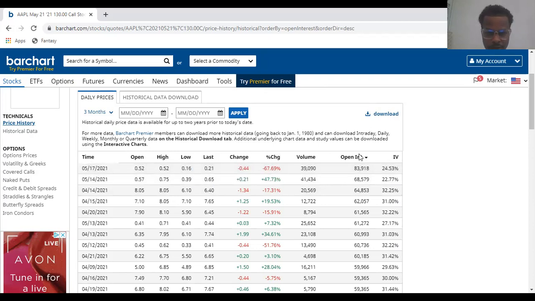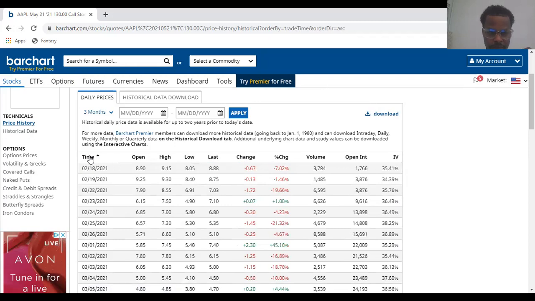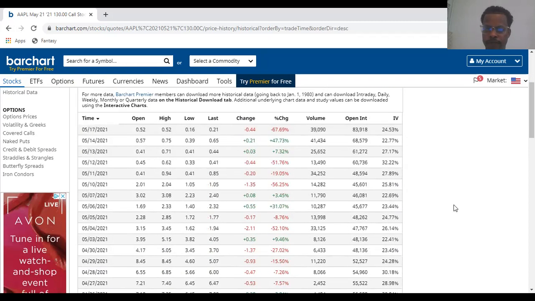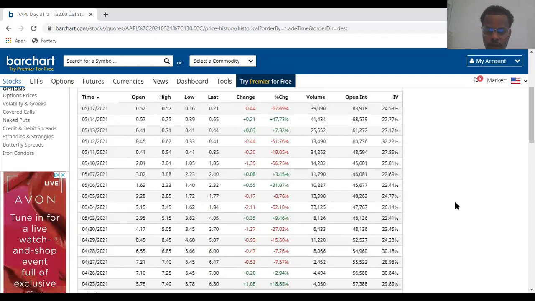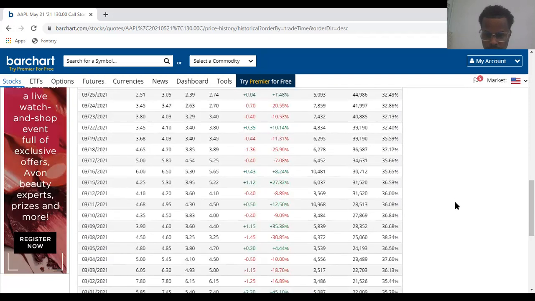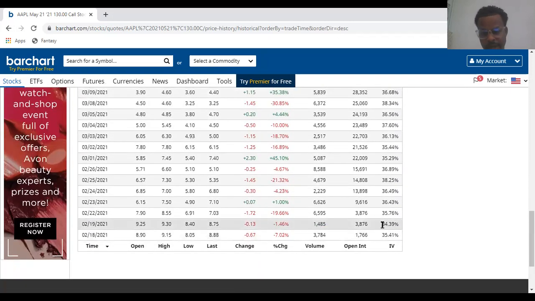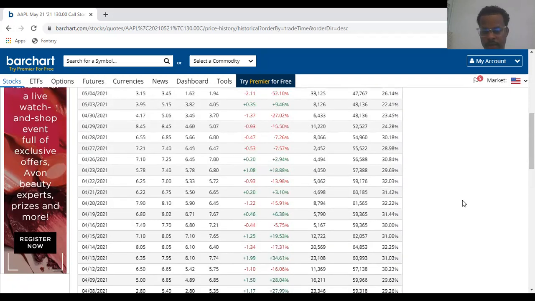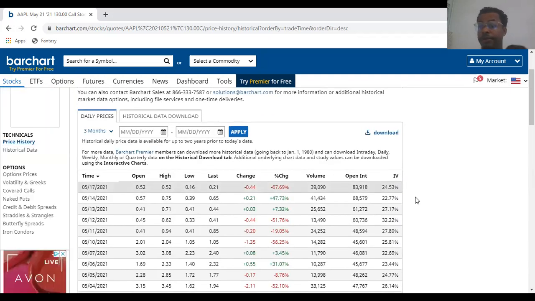So again, I don't suggest you guys mess around with this unless you know, because the point of this, in my opinion, is to see the historical trend, right? And we can see that historically, the open interest started at about 1,000, and now it's at 83,000.